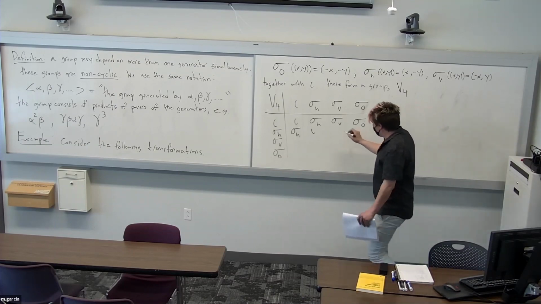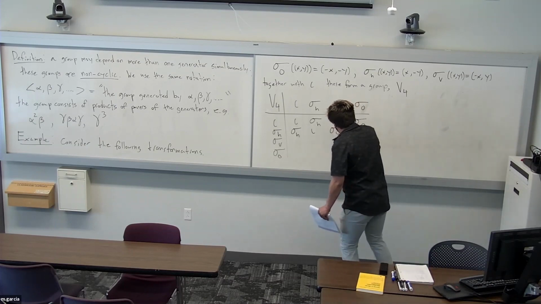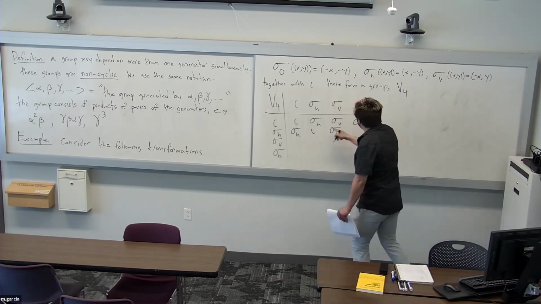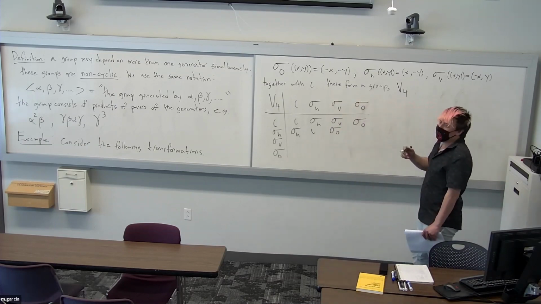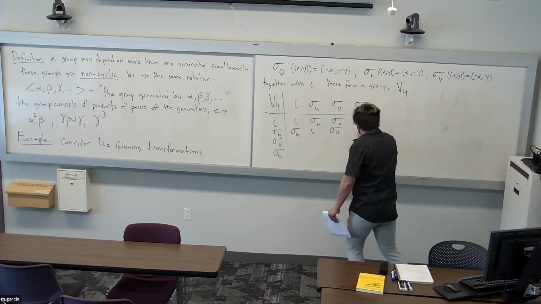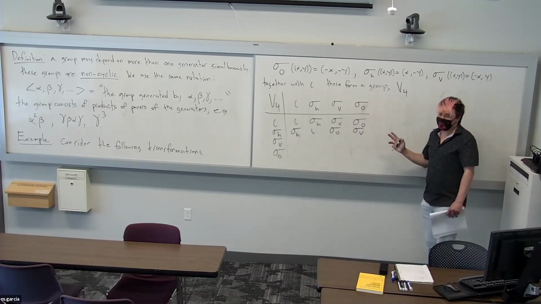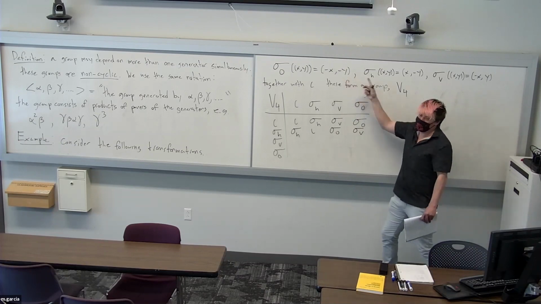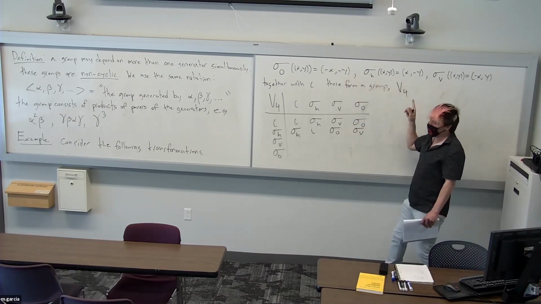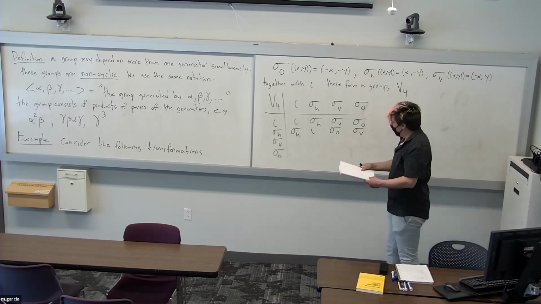Sigma O, yeah. And sigma H, sigma O is sigma V. Right? And I might be going through this a little fast, but I'm just applying each of these three definitions at each stage.